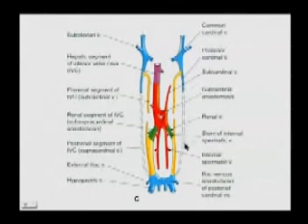So the posterior cardinal veins disappear for the most part. The posterior anastomosis persists as the iliac venous anastomosis. And we see the external iliac vein and the hypogastric veins draining into there.